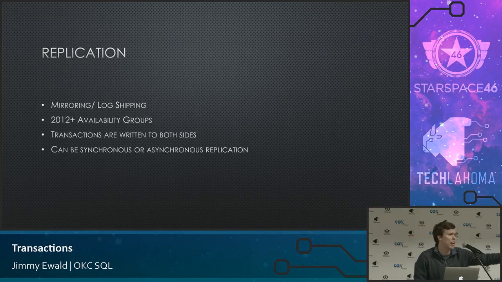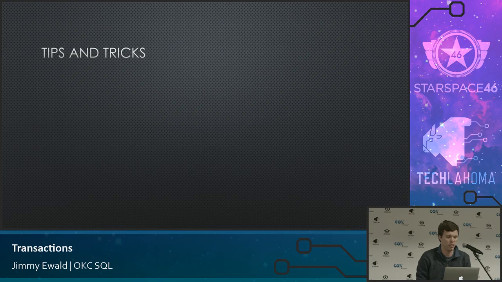So asynchronous just says, we finished on this side, we're giving the thumbs up and we're moving on. That transaction is completed, okay? It's going to go to the other side, and now what can happen is if stuff breaks or you need to fail over and the transaction didn't make it to the other side, you can have problems there. So you'd rather go synchronous, but sometimes you just can't. Okay? That's the difference between the two.